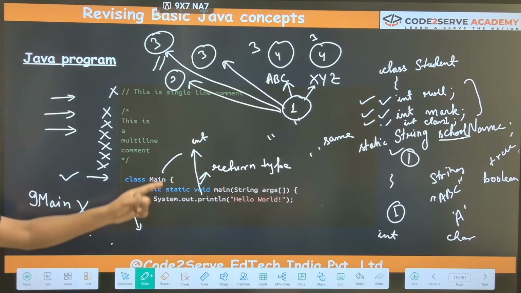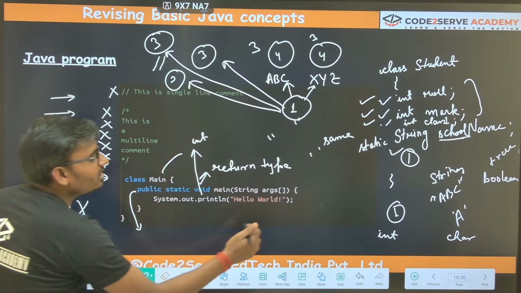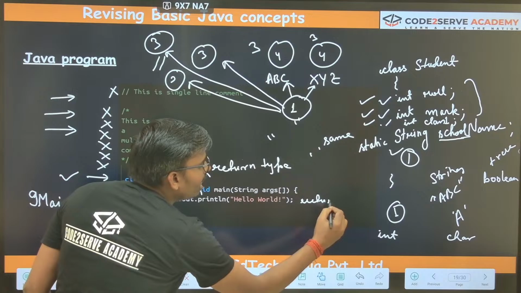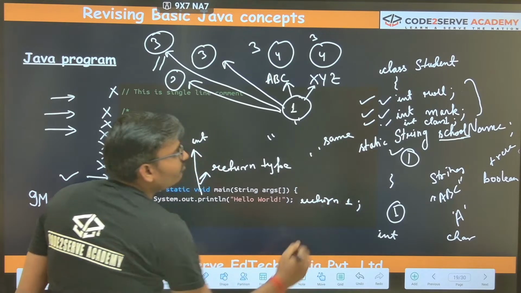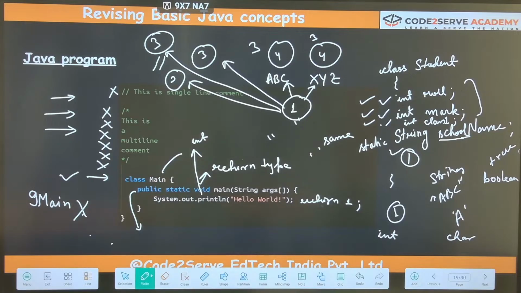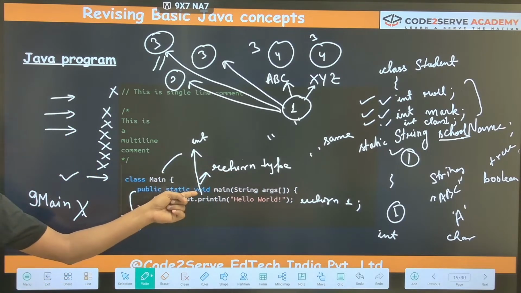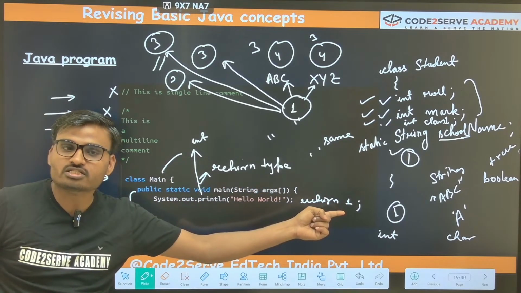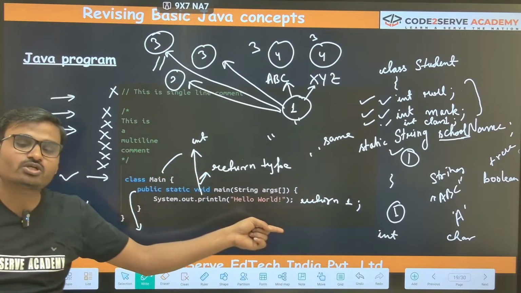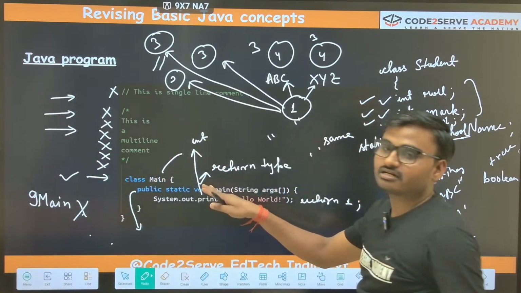If I say int here, that means this function must return an integer value like 1, 2, 3. If I don't return it, it will give an error. If it is a boolean, I must return true or false. If it is a character, I must return a character. So this basically is a return type.